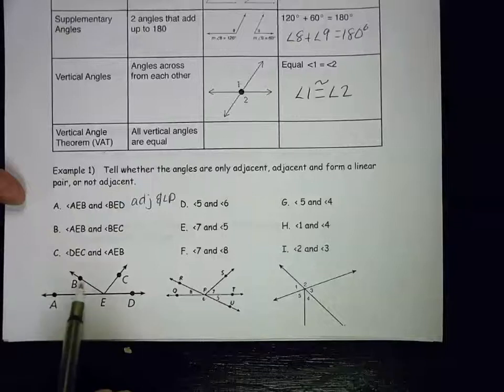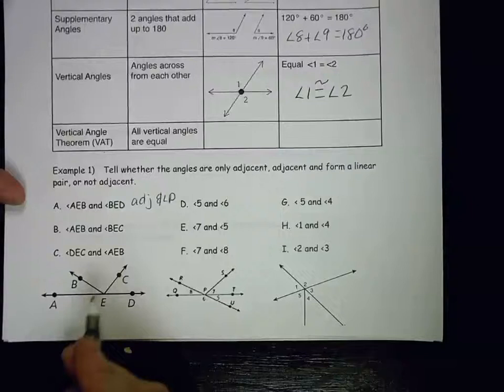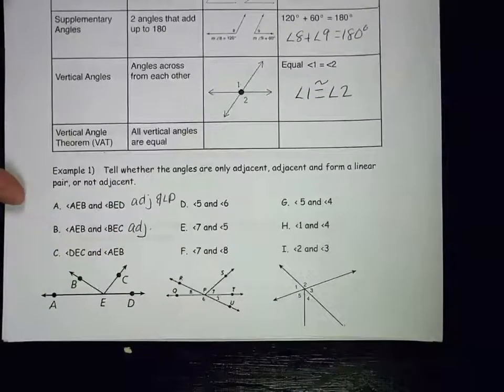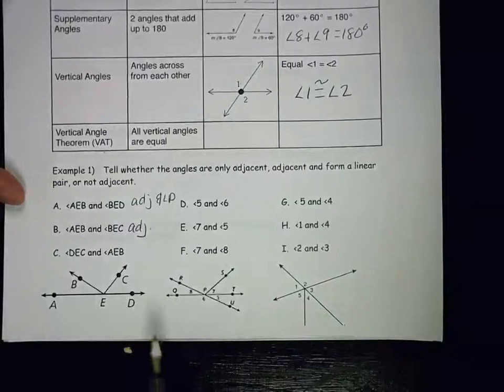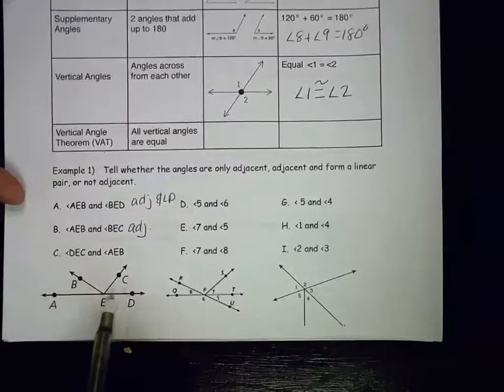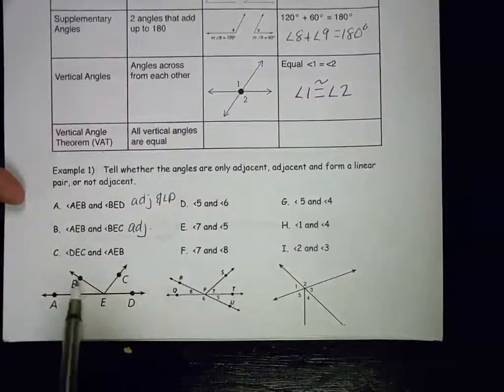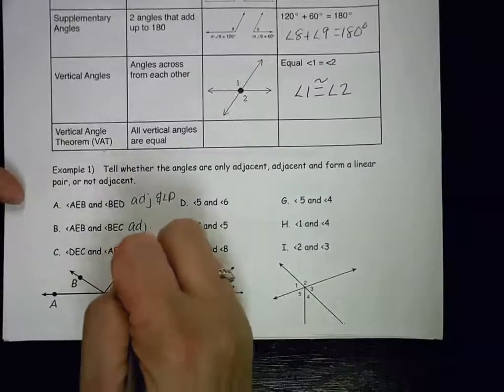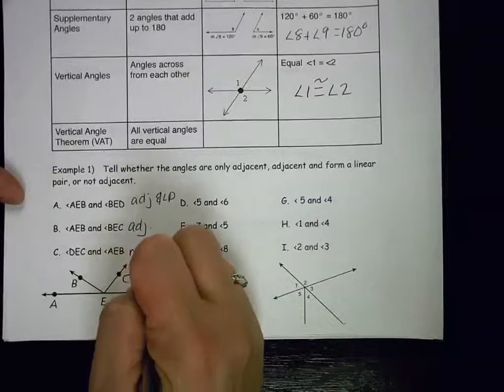Angle AEB and BEC, they are adjacent. They do not make a linear pair. And lastly, DEC, AEB, there's this whole gap in between, so they are not adjacent.